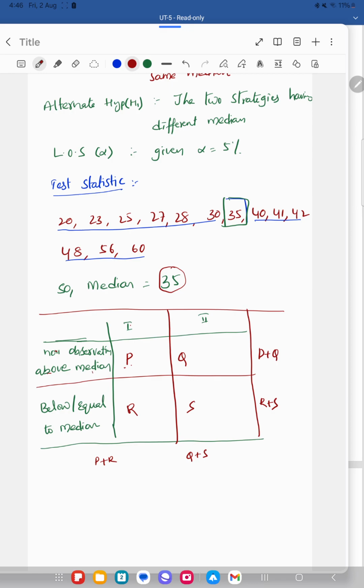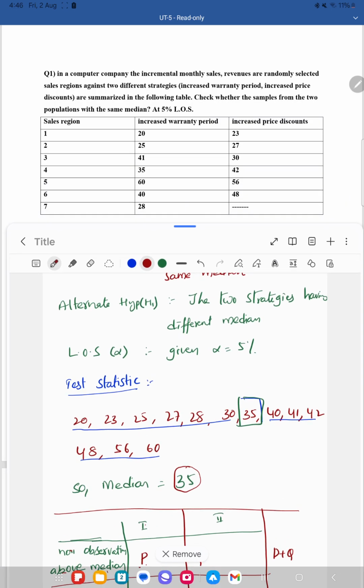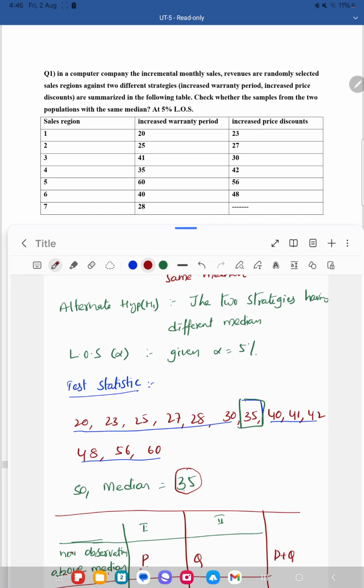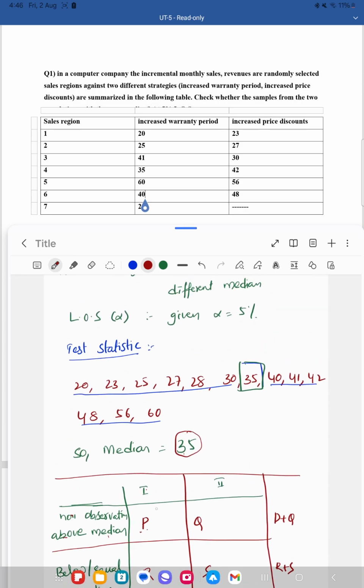Let's see how many are above 35. This is 1, 2, 3. So there are 3 observations above median. The total is 7, so obviously the remaining will be 4.